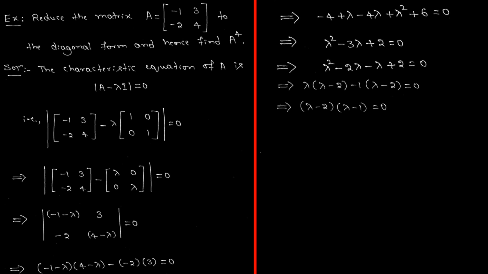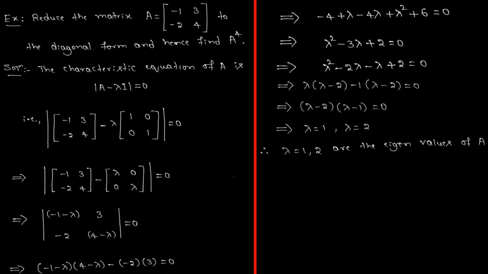You get lambda minus 2 into lambda minus 1 is equal to 0. If you equate each to 0, you get lambda is equal to 1 from this term and lambda is equal to 2 from this term. Therefore, lambda is equal to 1, 2 are the eigenvalues.